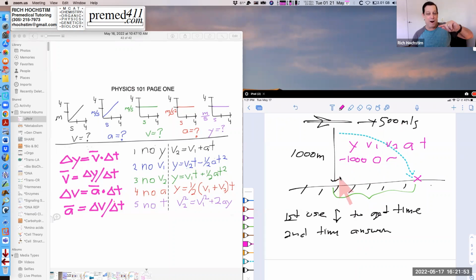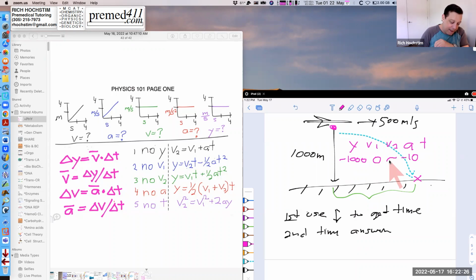Let me just make sure I explain this correctly. The plane has no vertical velocity. That's why it's 0. It will have a vertical velocity when it drops our package. So this 0 represents 0 vertical velocity of the package. This represents the final vertical velocity. So I end up using the same equation I did before. This over here is minus 10, like this.